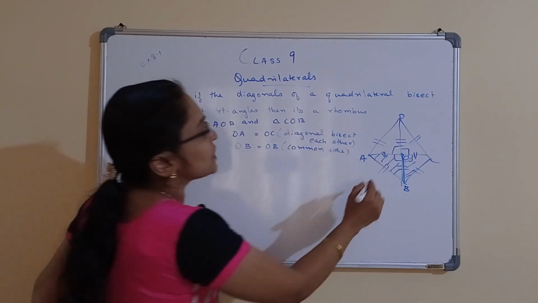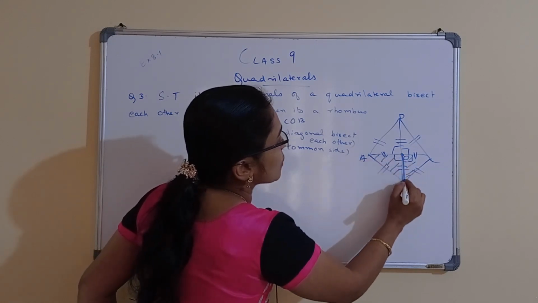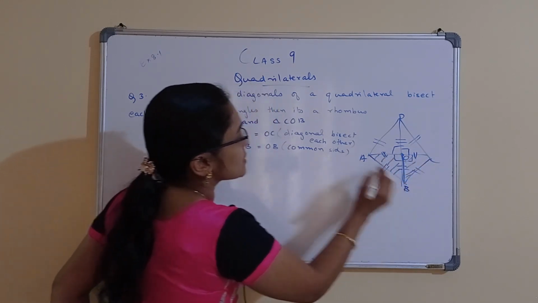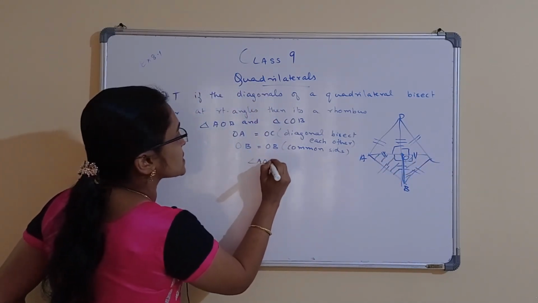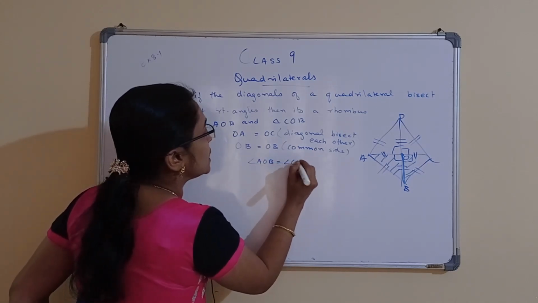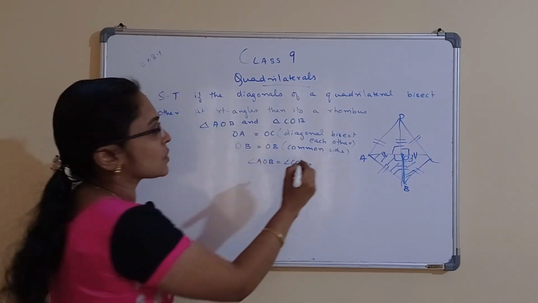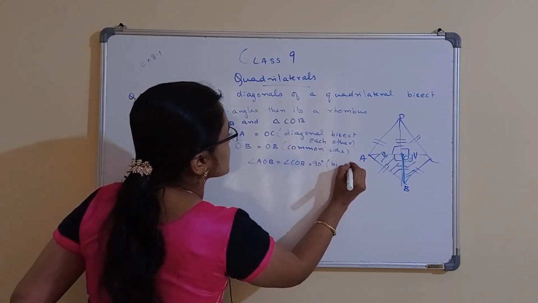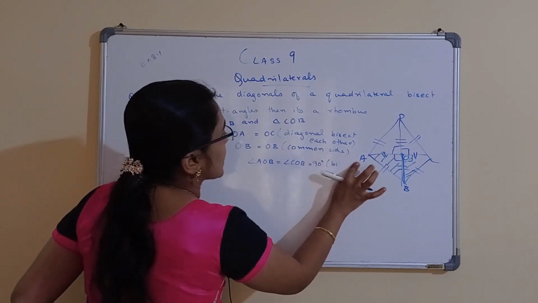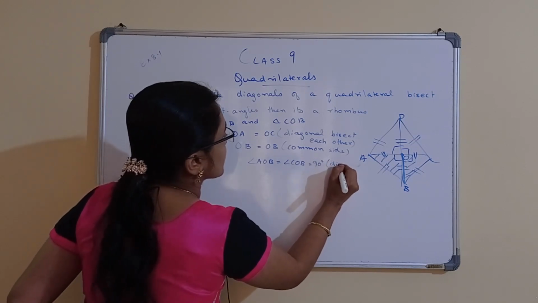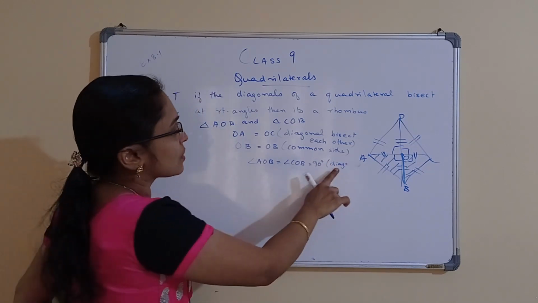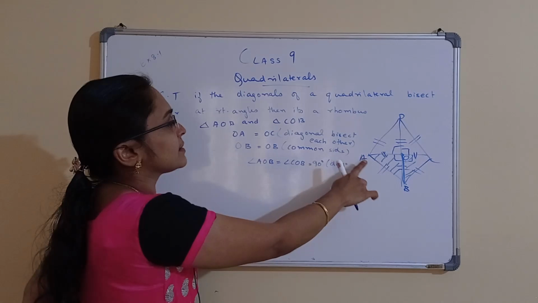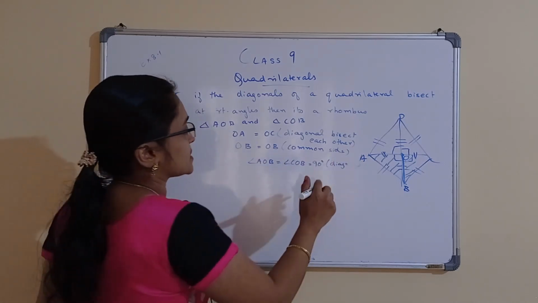And we know that angle AOB is equal to angle COB, which is equal to 90 degrees, because the diagonals bisect each other at right angles.